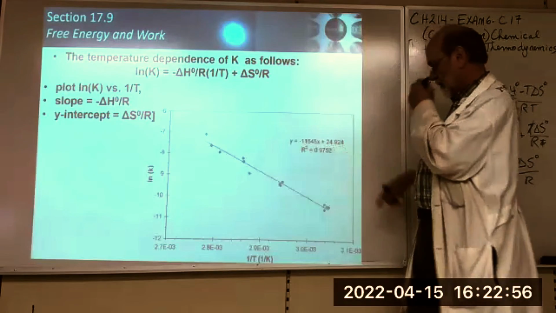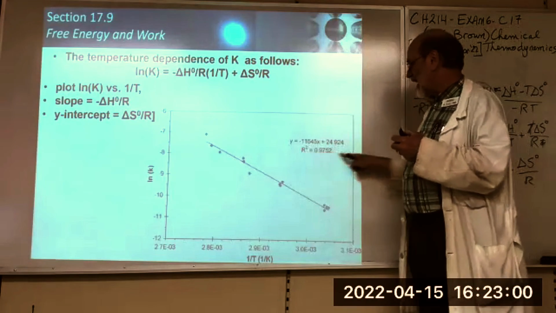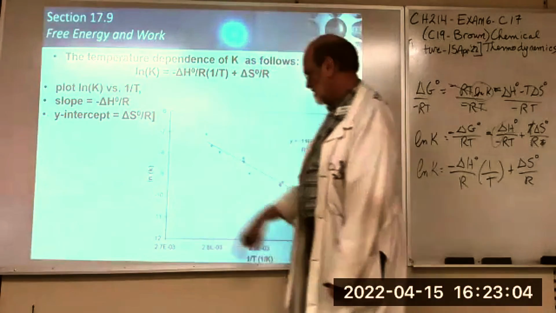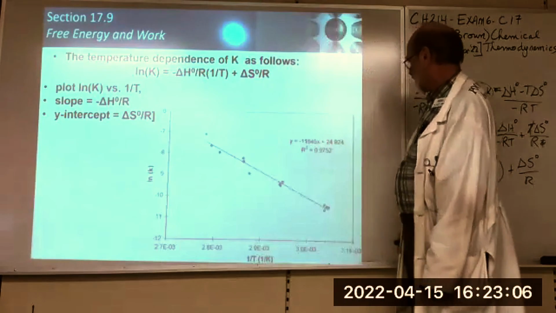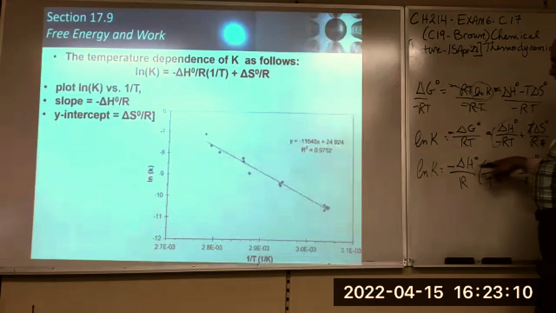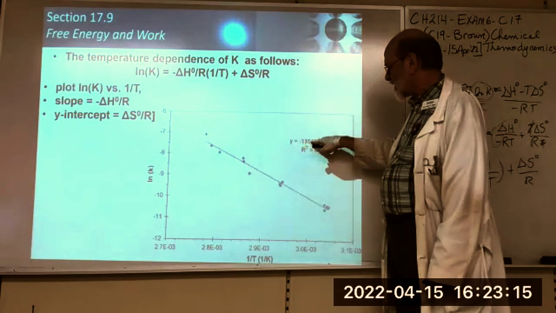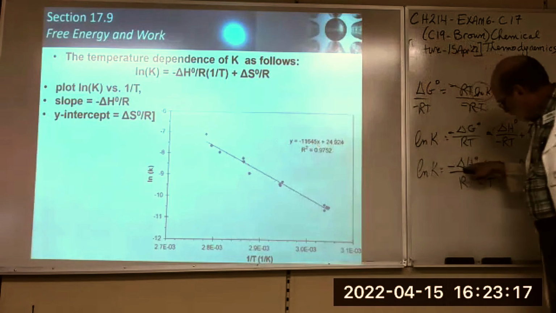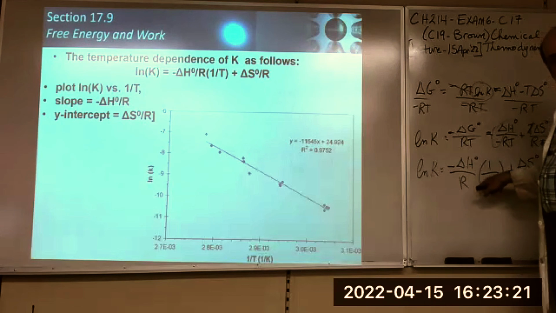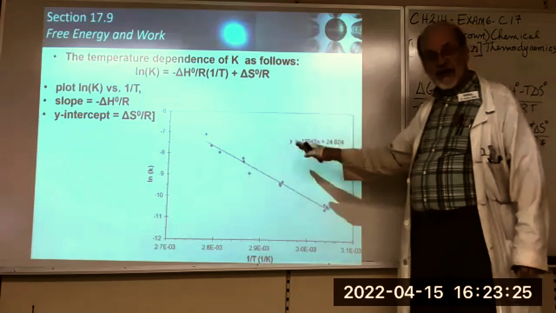And here's the expression. So if you see this straight line, we know that the Y is equal to log K. And we know that the X is equal to 1 over T. And then this minus 11645 is equal to this minus enthalpy over R. So you can calculate the enthalpy of the reaction if you plot it like this.